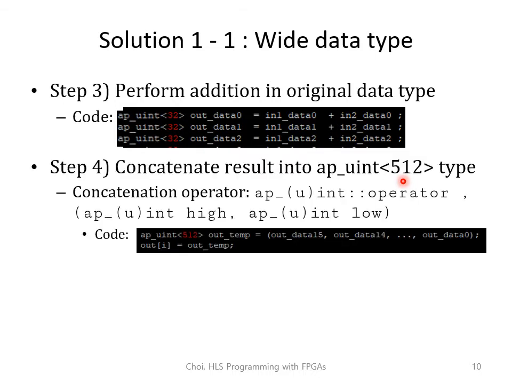So you can do the concatenation by using the parenthesis and the comma operator. So for example, you can write the parenthesis, one of the element, comma, the next element, comma, and so on. And you can use another parenthesis to close the concatenation.